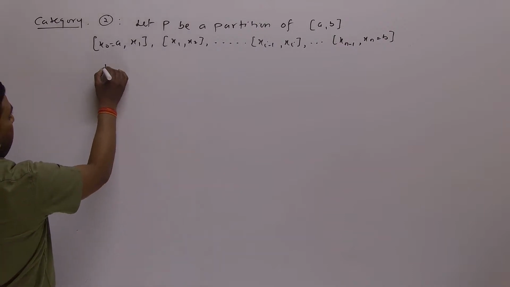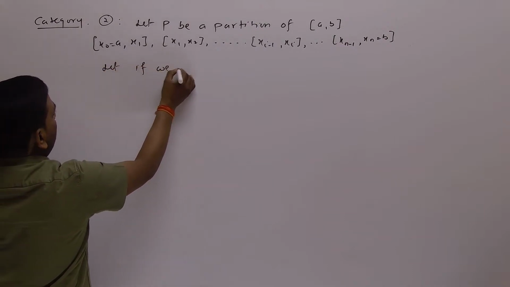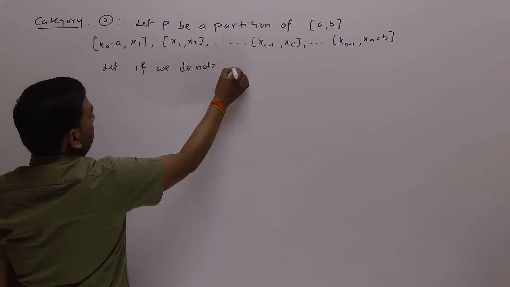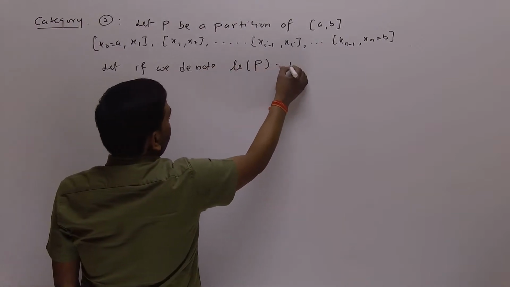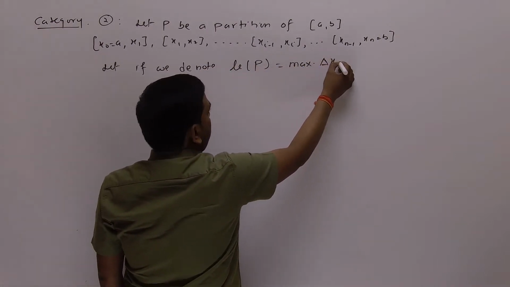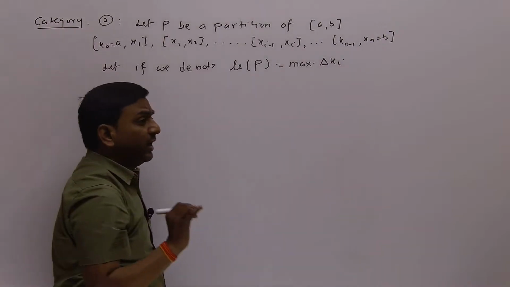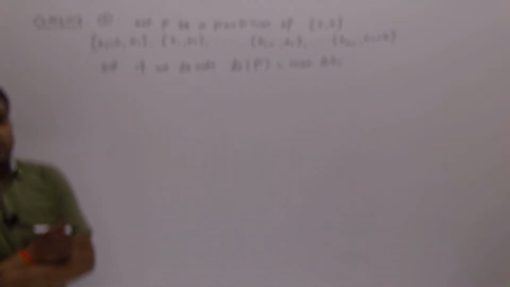Now, observe carefully, let us denote by mu p the maximum value of delta xi.